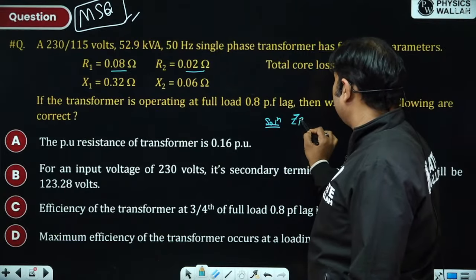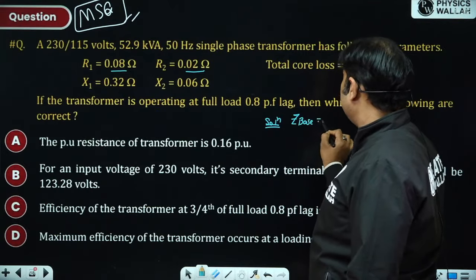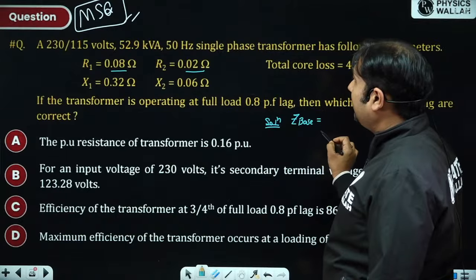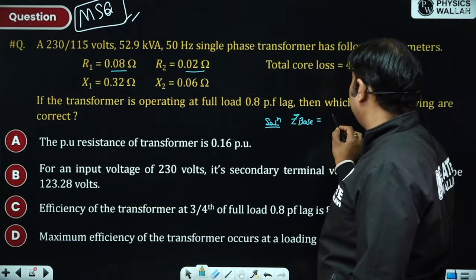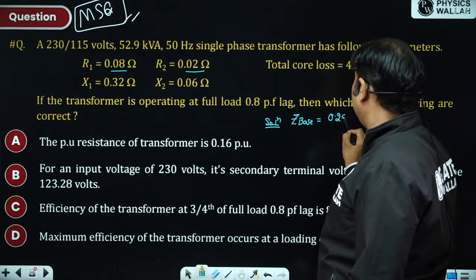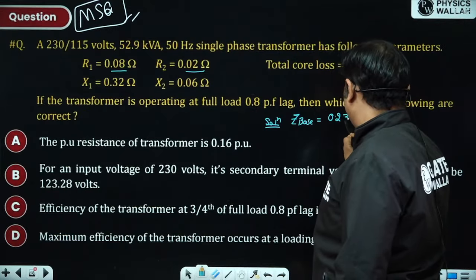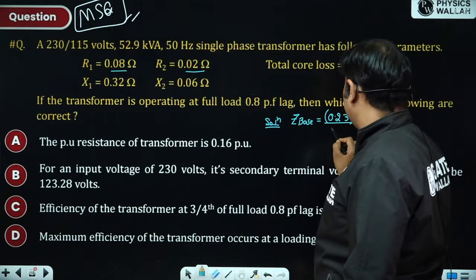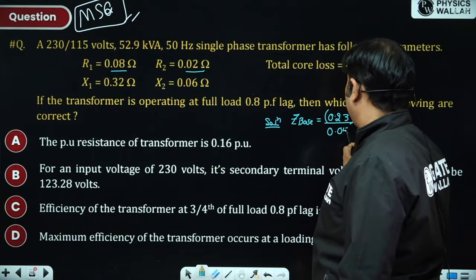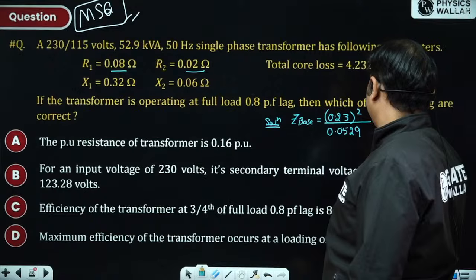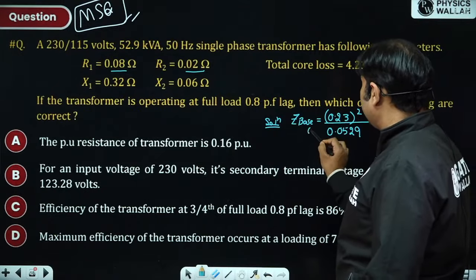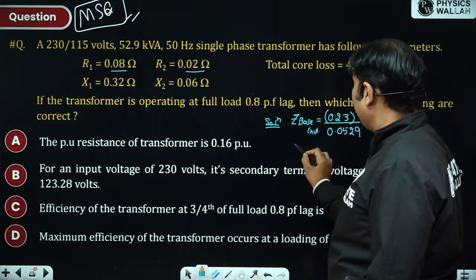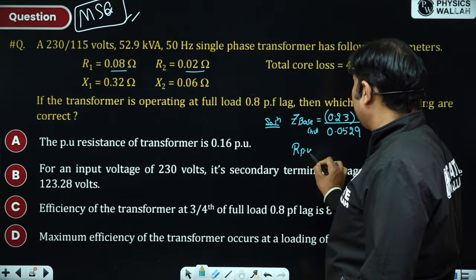So first calculate Z base. Z base will become kV base square upon MVA base: 0.23 square upon MVA base, which is 0.0529. Once you have Z base on the HV side, you can refer the parameters to the HV side and calculate R per unit.